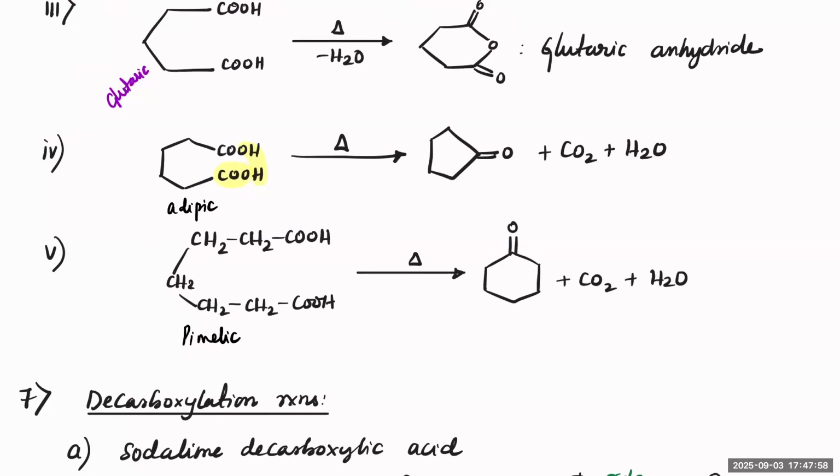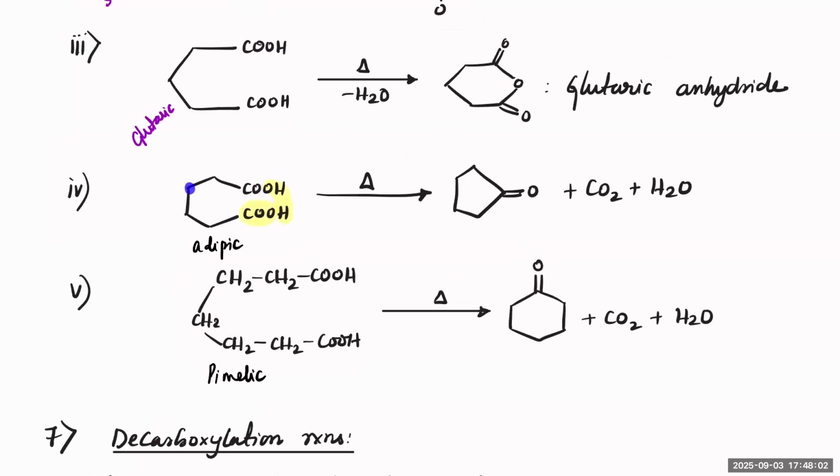Now here is the interesting fact. If by chance you have one more extra carbon present here, and I only dehydrate, then you will get a 7-membered ring, which is not stable. So that's why in adipic acid, on heating, first water goes away, and thereafter one carbon dioxide will go away.